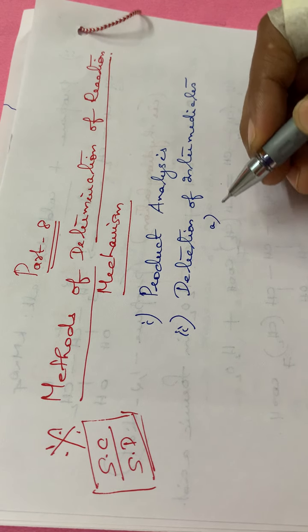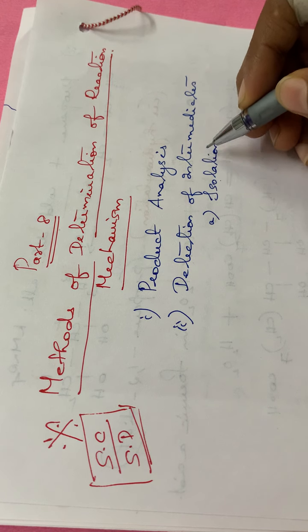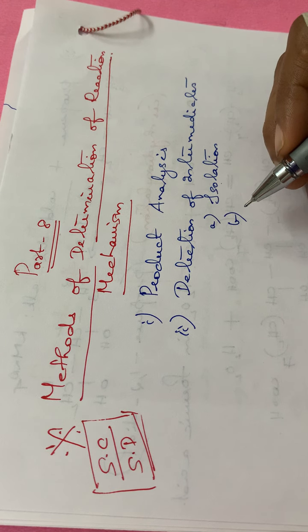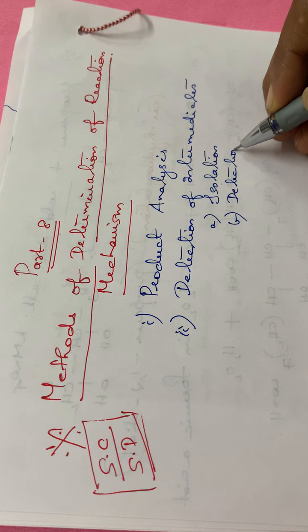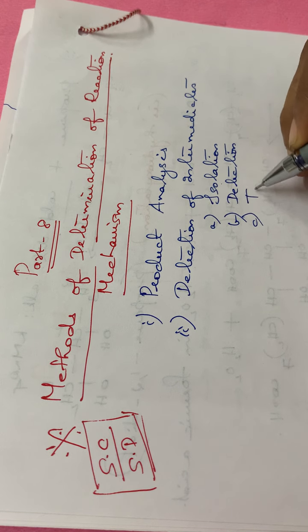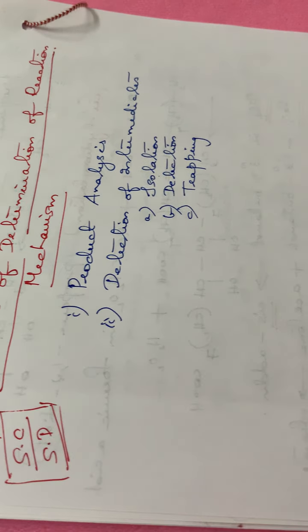The first one is isolation. I will be telling you all this in detail. Isolation, then the second one, detection, and the third one, trapping. Isolation, detection and trapping.